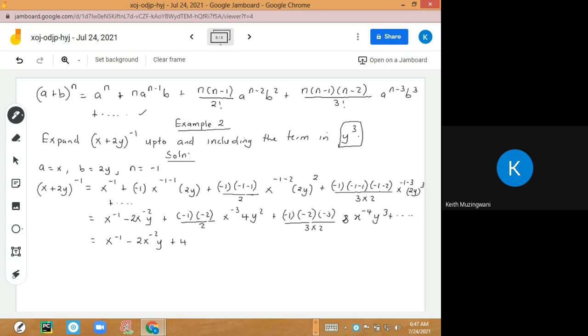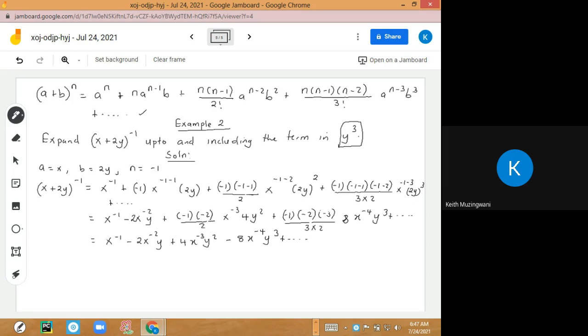So we have plus 4x power negative 3 y squared, and then negative 1 multiplied by negative 2 multiplied by negative 3, we get negative 6. Negative 6 over 6, which is 3 by 2, we just get negative 1. So we have negative 8x power negative 4 y to the power 3.